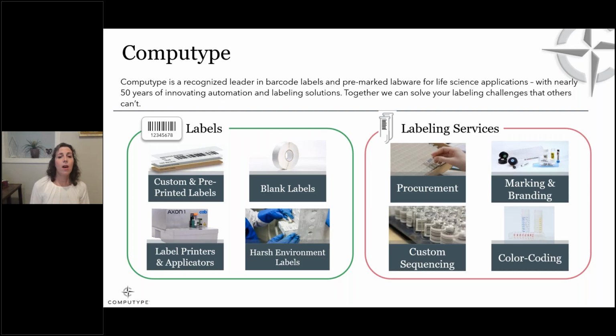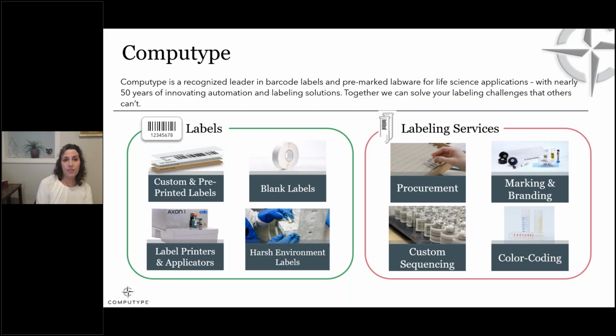At Computype, we offer a comprehensive solution. Whether you want to trust a label sticking to a tube in cryogenic conditions, or you want to move to printers and automation in-house so that you can better print and apply labels to tubes, vials, and plates.